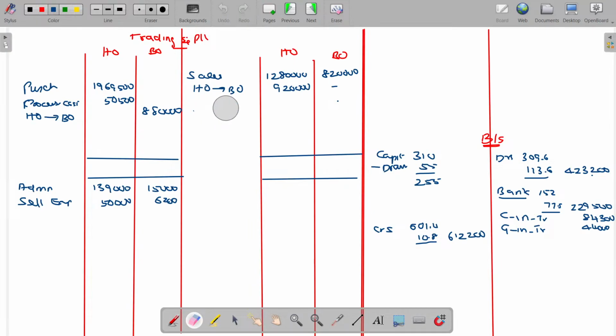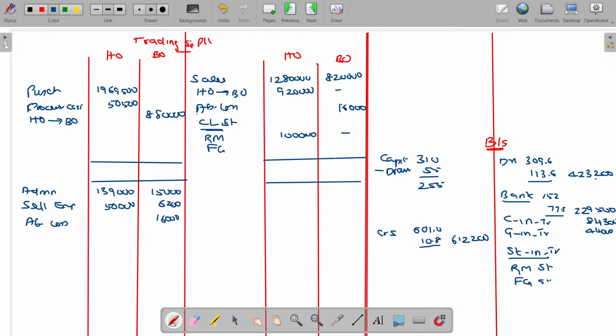Abnormal loss, abnormal loss 20 and 20. You can either post this as 20 and 20 or at its own cost also you can post. Okay, one second. Now let's see. One second. Understood? Okay.